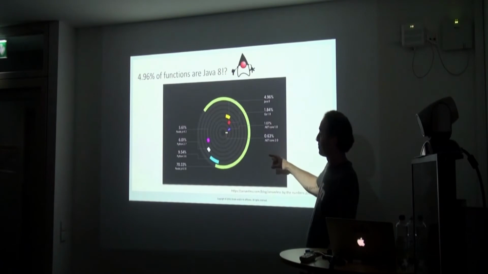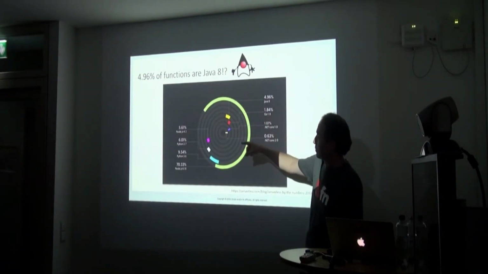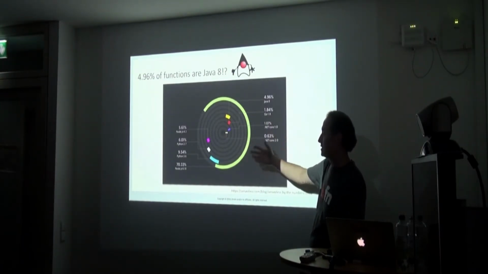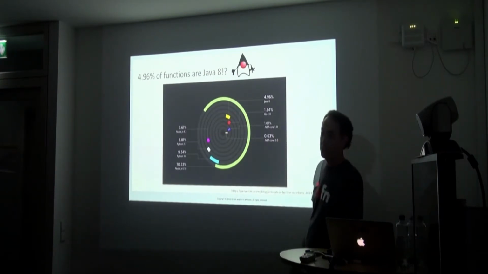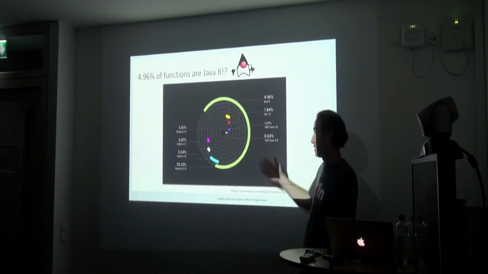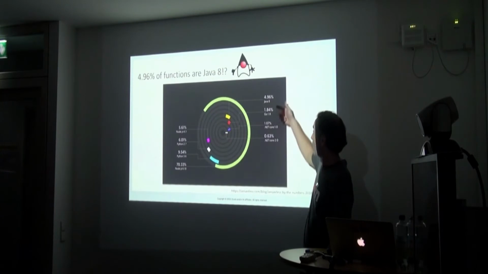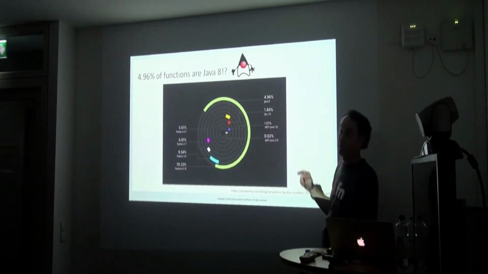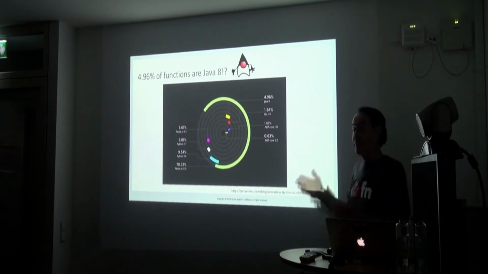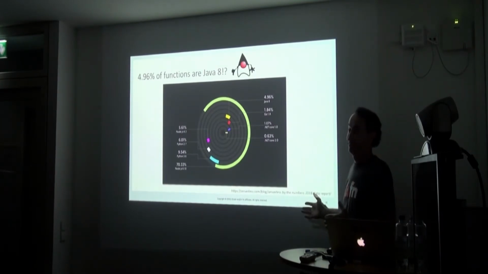If you look at these numbers, Node, between Node 4 and 6, from last year, all those 2018 numbers, that's 75% of all functions. Java, the poor little Java here, is 4.96%. So in this space, people are not using Java. They just aren't.